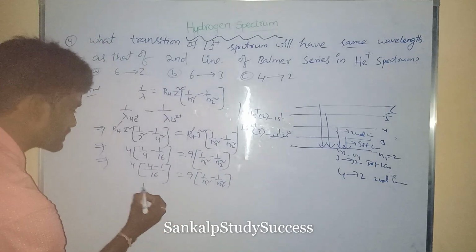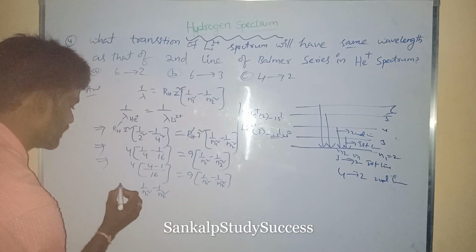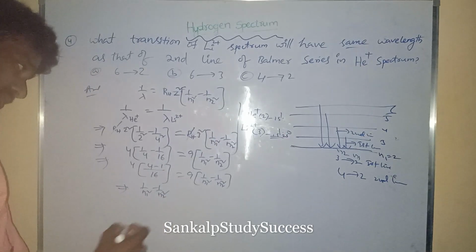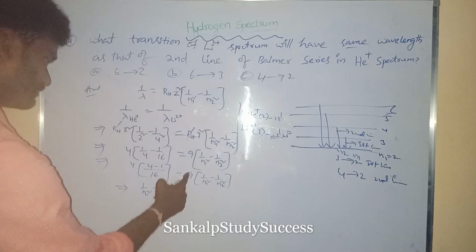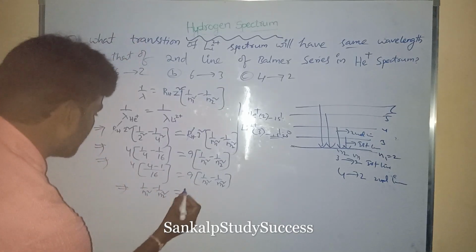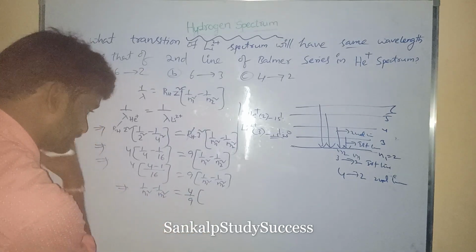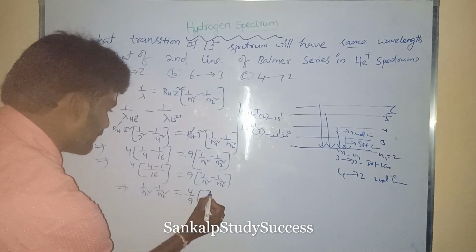Now 1 by n1 square minus 1 by n2 square is equal to, so this 9 is multiplied, that will come to the right side, that is divide 4 by 9 into 3 by 16.